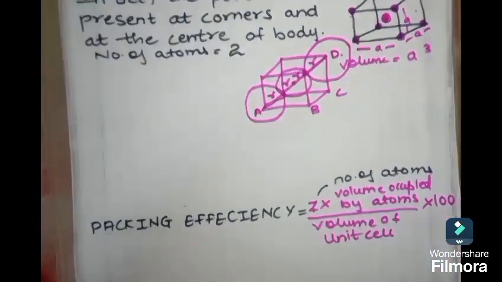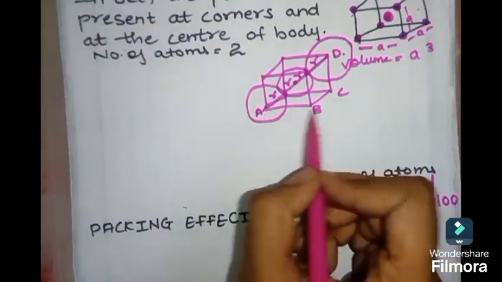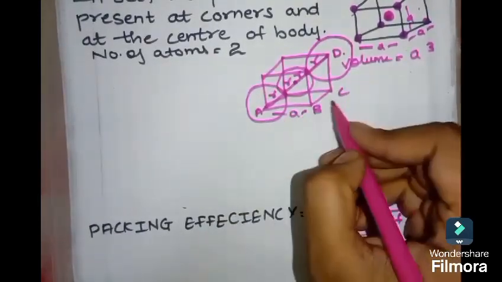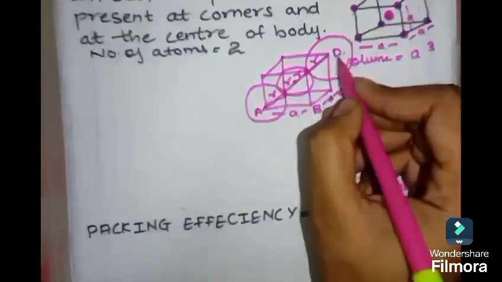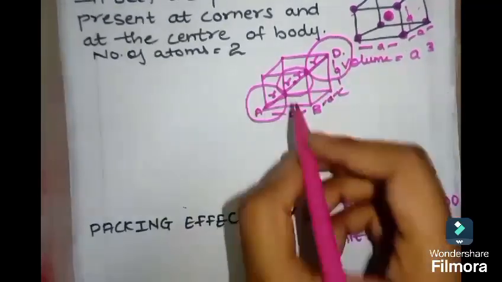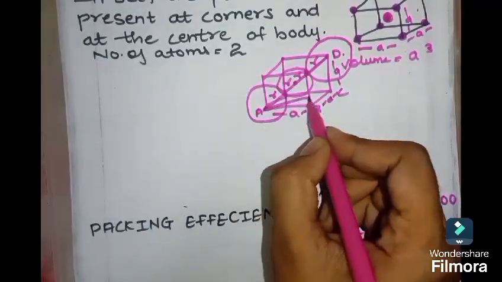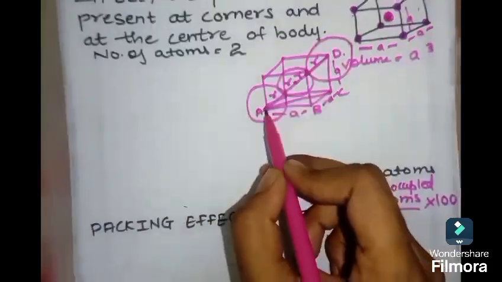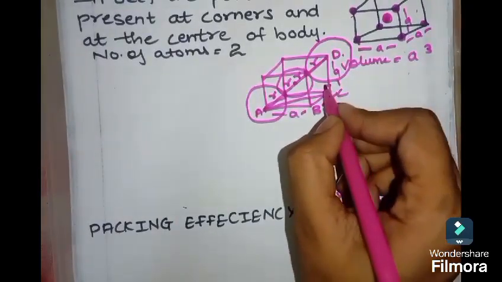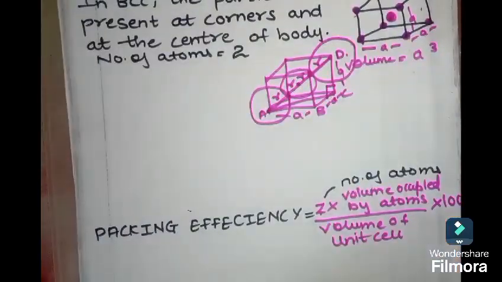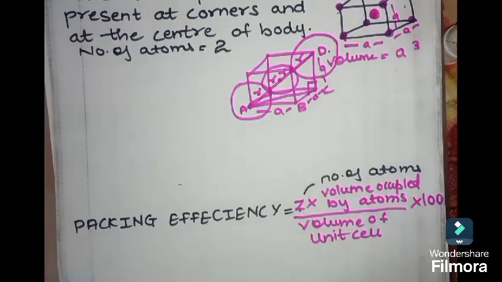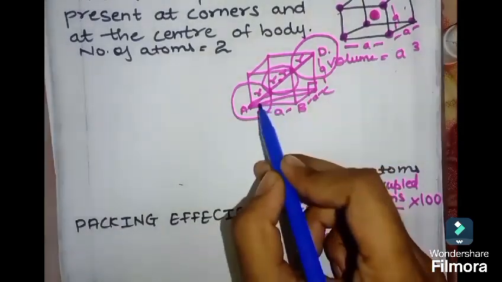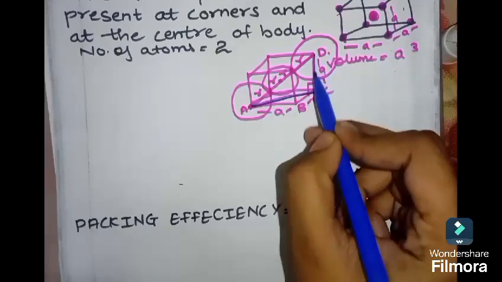Now you can see we have denoted these lengths as A. Over here also we will write A. Now just draw a line AC over here. So now what we have to do is focus on this triangle, which is ACD. In ACD, the angle C is a 90-degree angle. We will apply Pythagoras theorem on this triangle ACD.